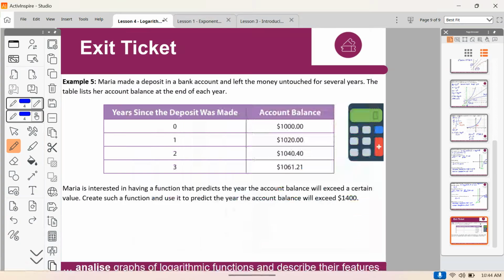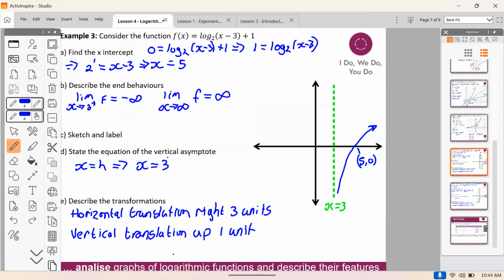Before I do this question, let me just jump back. I made a slight error back here on this one. Here at this point, I should have subtracted the 1 across. So this is x equals a half minus 3.